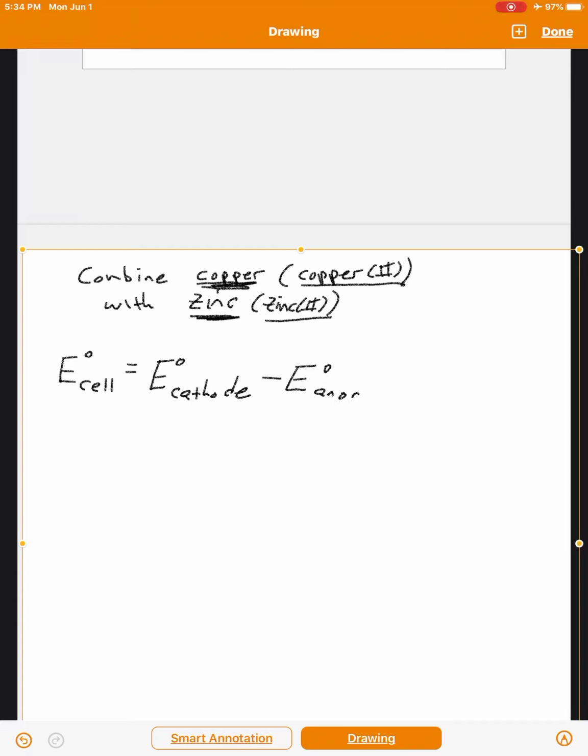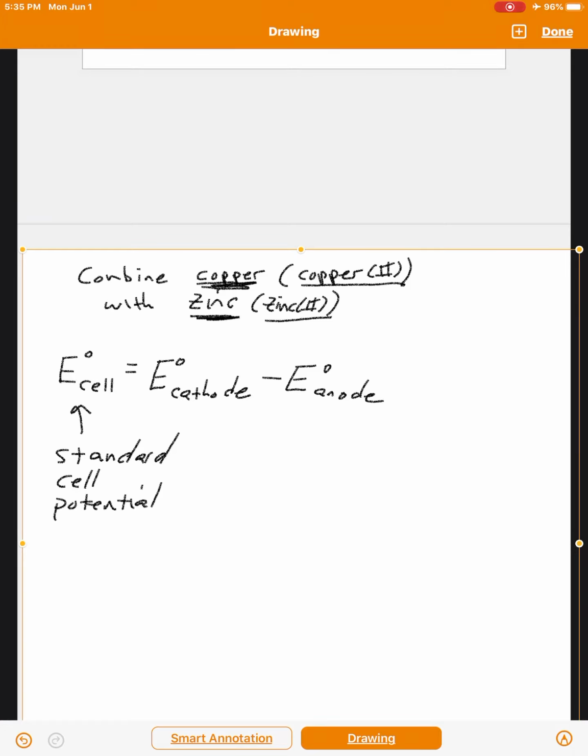So let's get the terminology down here. This is called the standard cell potential. That's the voltage of the entire galvanic cell. Think of it as a battery. What is the voltage of this battery?